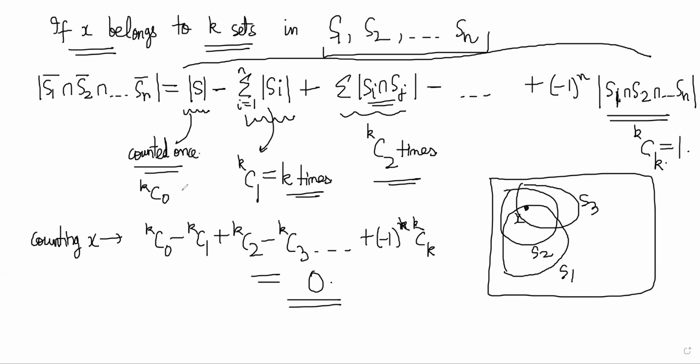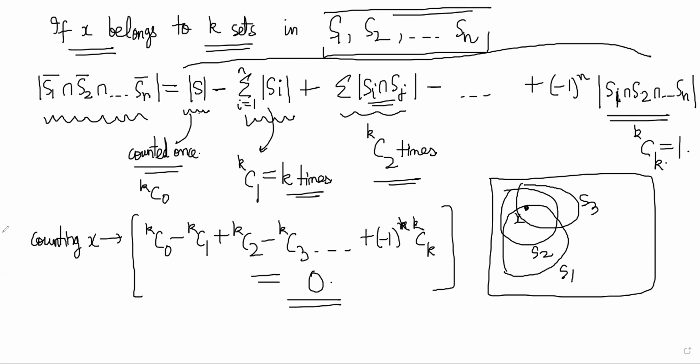So the idea was that we wanted to not count X, right? We wanted to count all the elements that do not have any of these properties, P1 to Pn. So when you do this type of counting, including and excluding in successive steps, you are basically removing all the times X should appear. You are not really counting X, you are counting elements that do not have any of those properties, right?